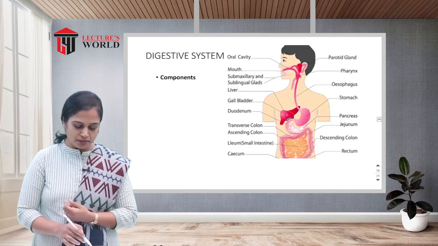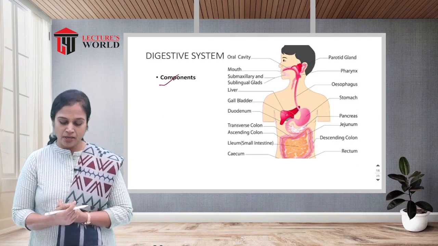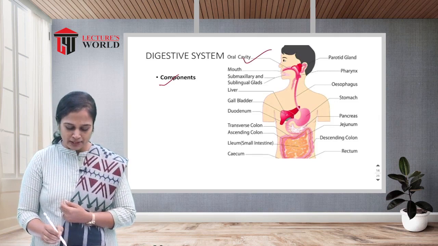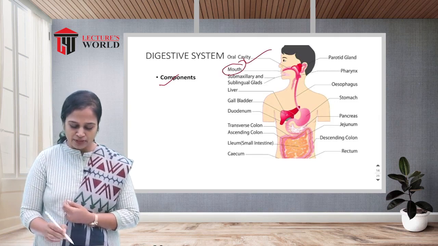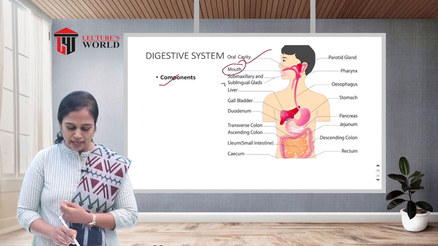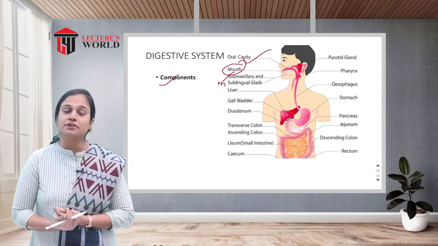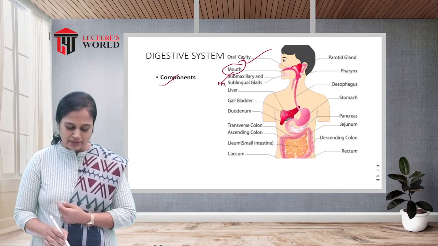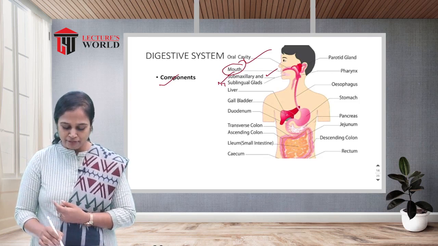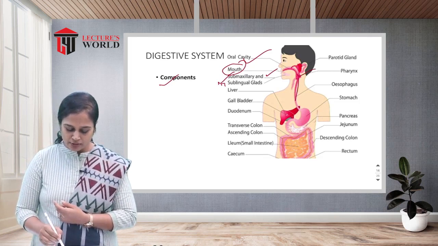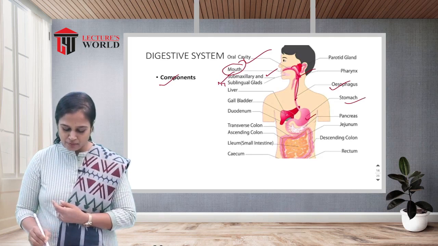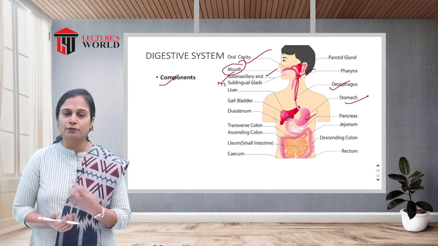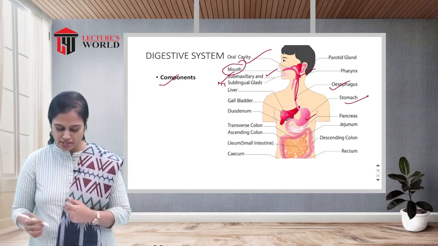Digestive system. The components of the digestive system start from the oral cavity. It includes the mouth, the salivary glands, which are the sublingual glands and the submaxillary glands, then the pharynx, the esophagus, and the stomach. In the stomach the food gets digested and mixed with HCl.